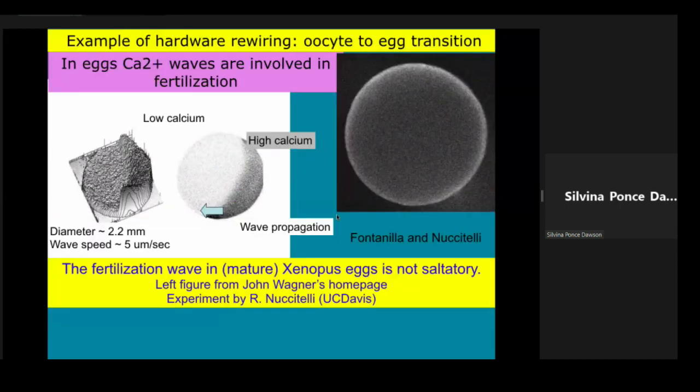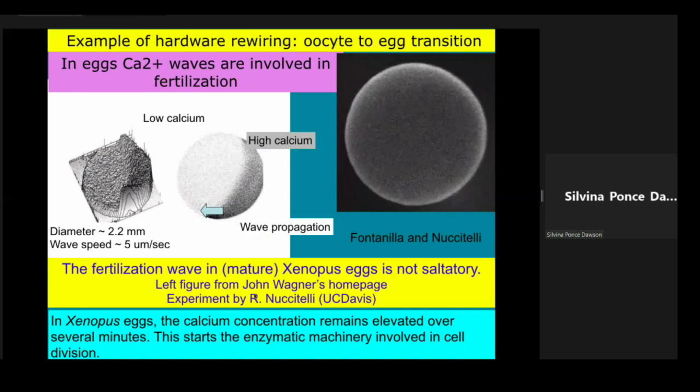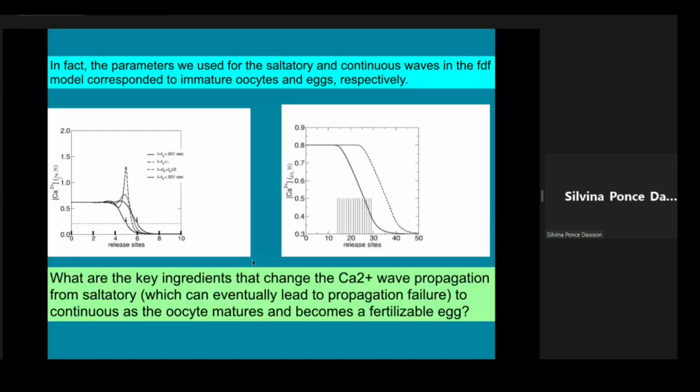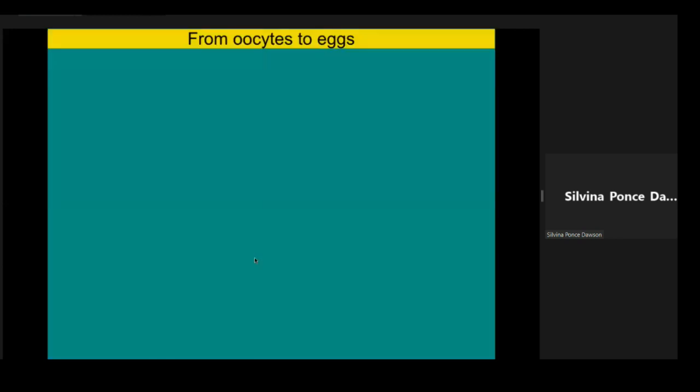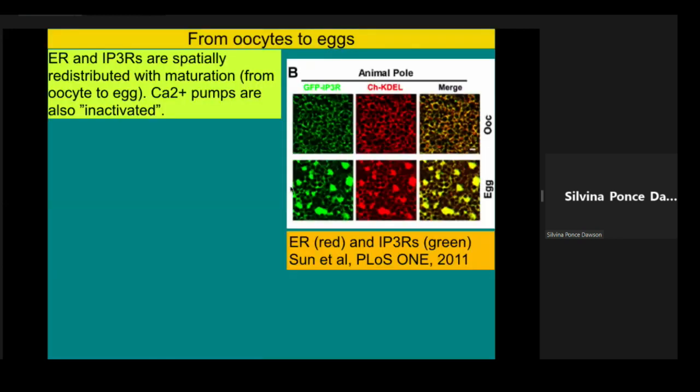The numbers we used for that model were taken from the waves in immature oocytes and in eggs. So this is again the calcium wave. What are the key ingredients, we asked, that change when you go from the immature oocyte to the egg? We thought the thing was really the redistribution of the IP3 receptors.